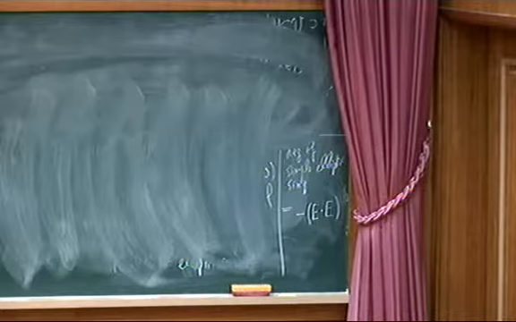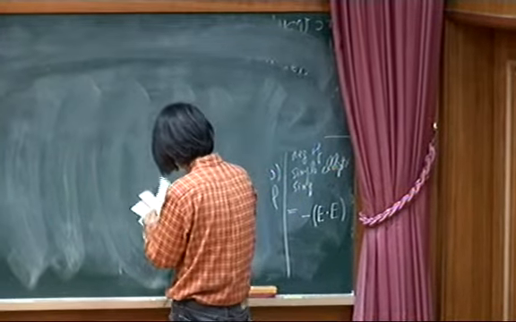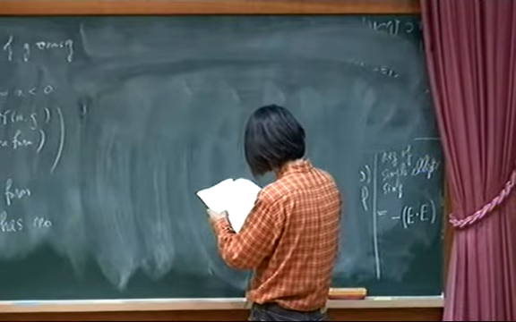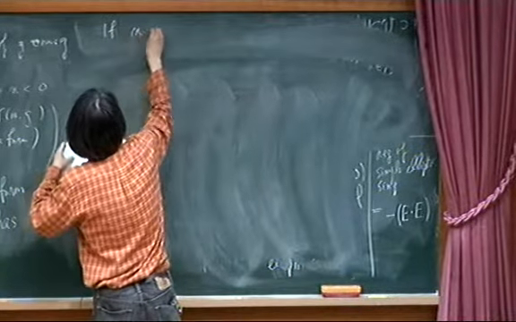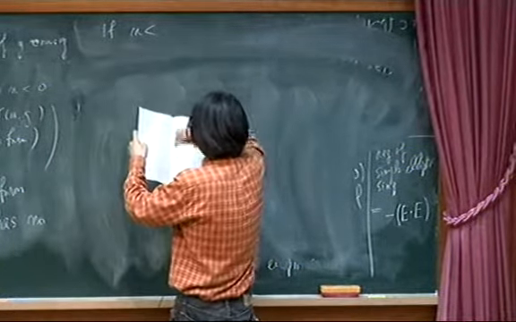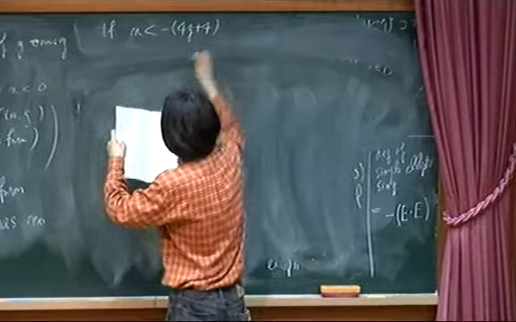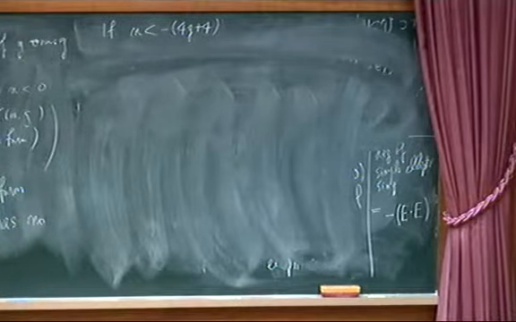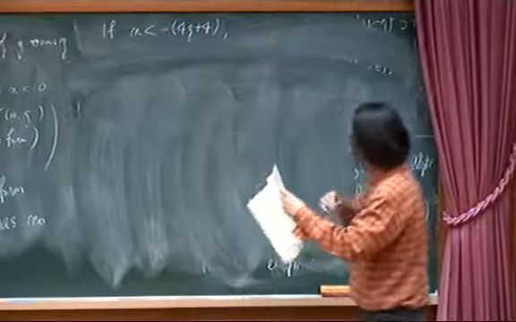So one of the results with him is that if this number is less than -4g + 4, then we have more information.